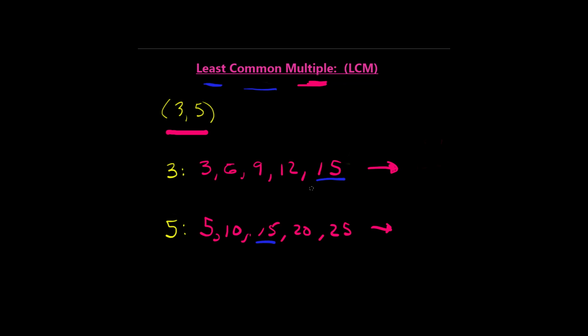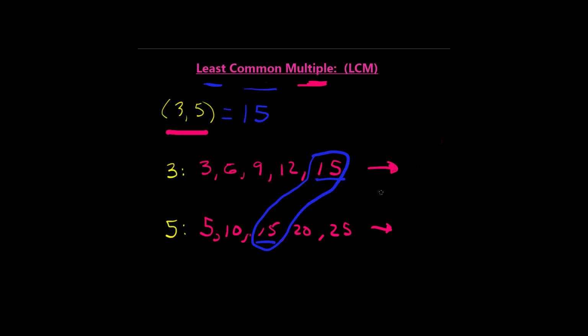Since we only have one match and it's the first match we came to, this is going to be our answer. So the least common multiple of 3 and 5 is 15 because it's the first one that we came to that was in both columns. This is how we find our least common multiple. Because there were no 3s or 6s or 9s or 5s or 10s that were the same, the first one in common was 15. So that's going to be our answer.